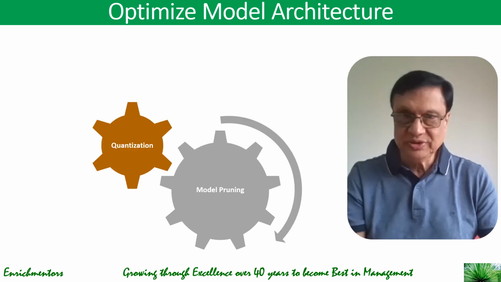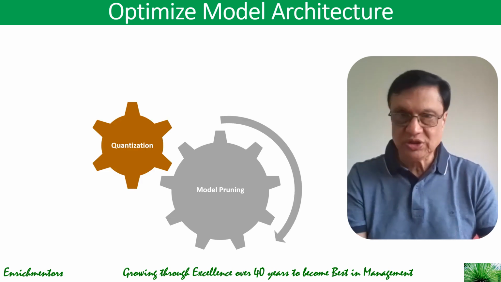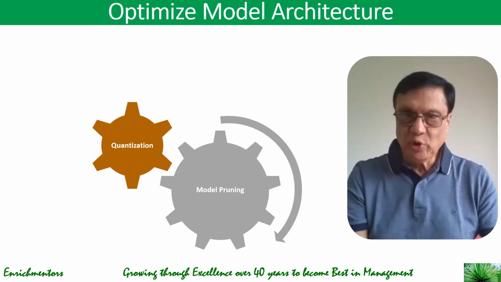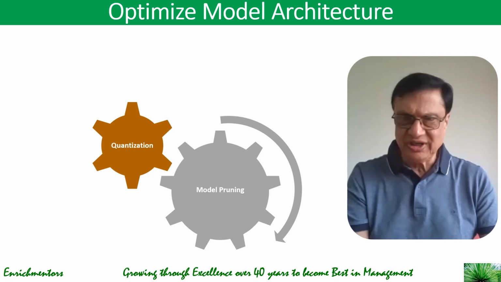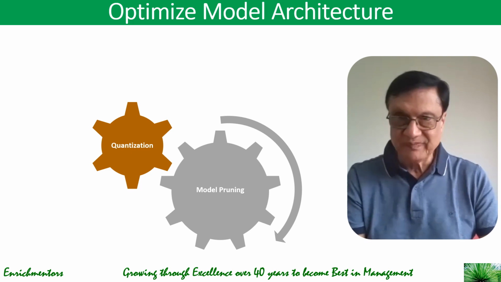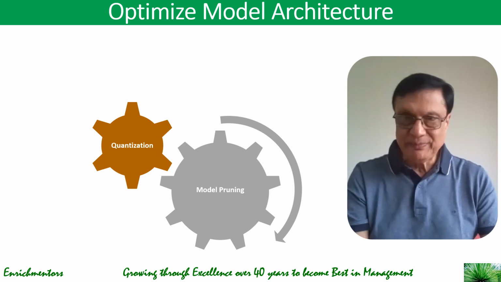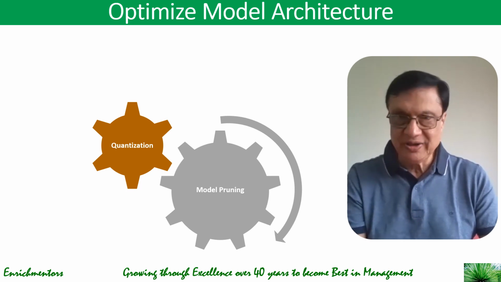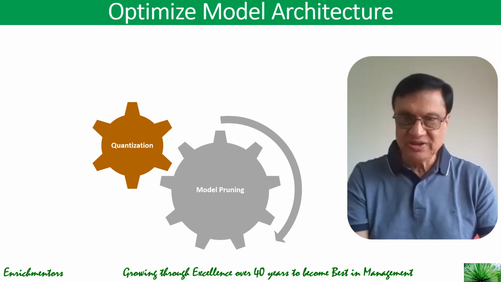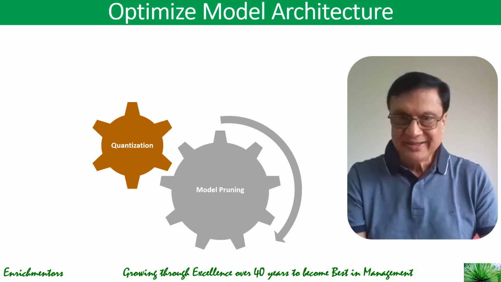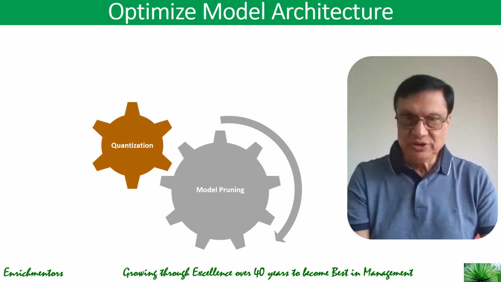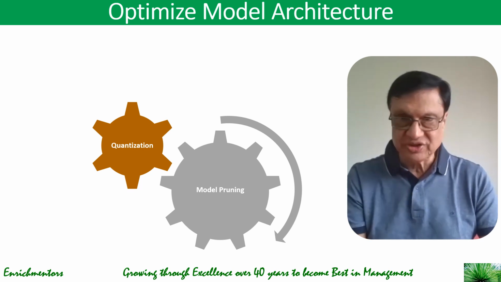Second thing you can do is quantization, in which you convert the model weights from floating point precision to lower precision. And we have talked about this earlier also. A specific example is that instead of 32-bit, you can start using 16-bit or 8-bit integers. Now, this reduces memory usage and speeds up the computation.